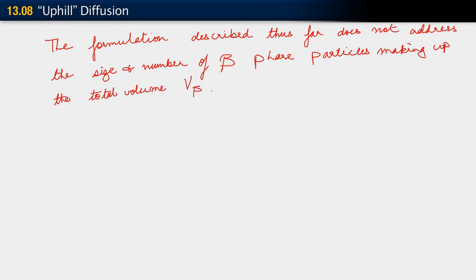And of course, if it doesn't tell us about V beta, it obviously doesn't tell us about V alpha either. Similarly for V alpha.